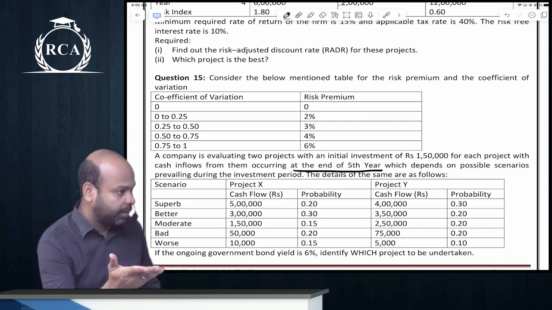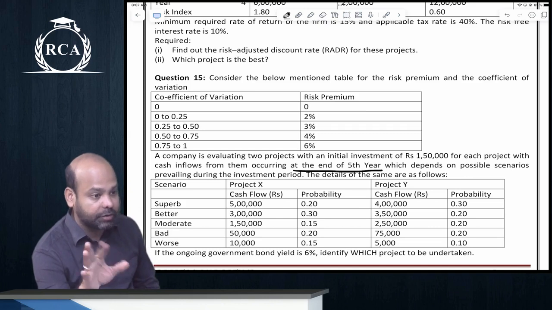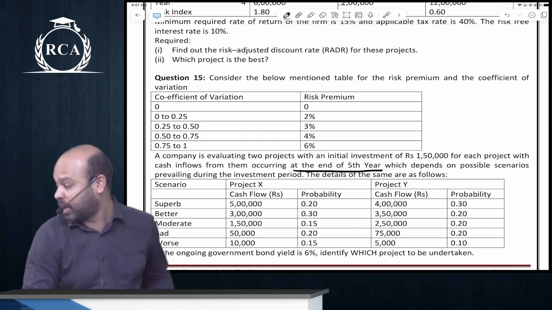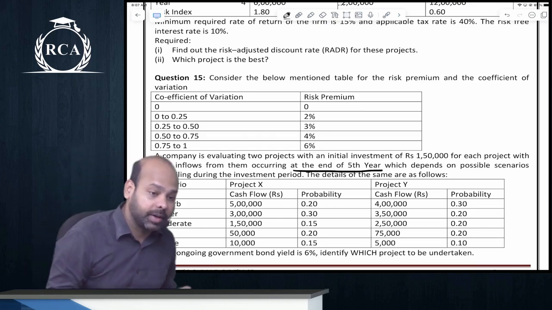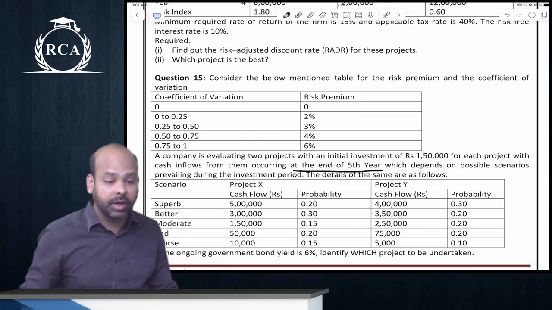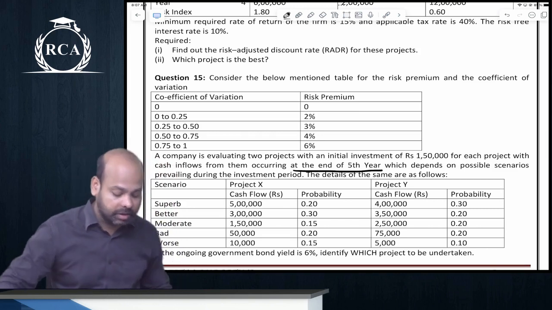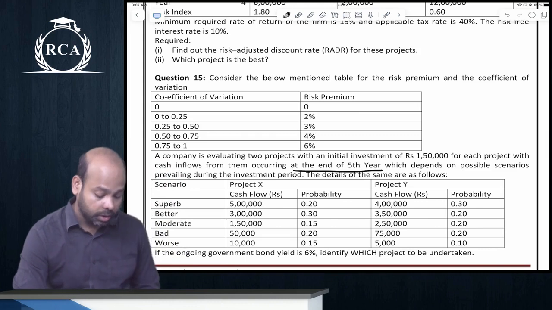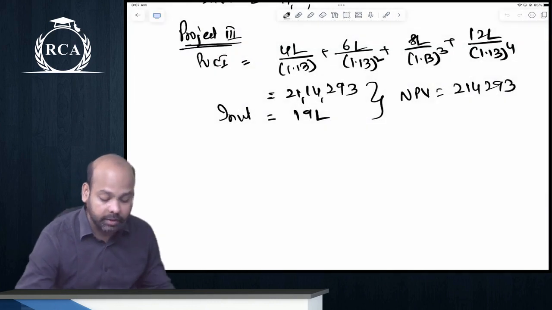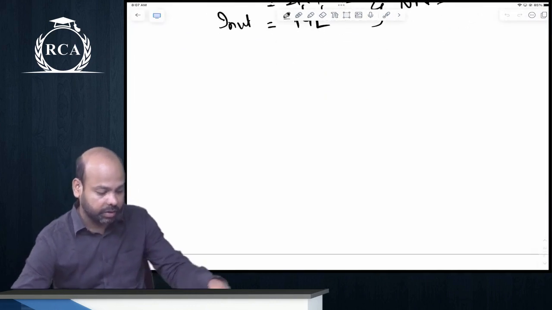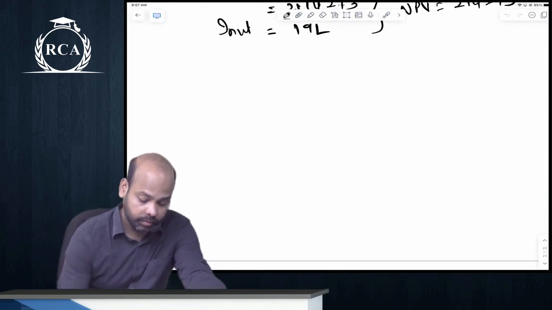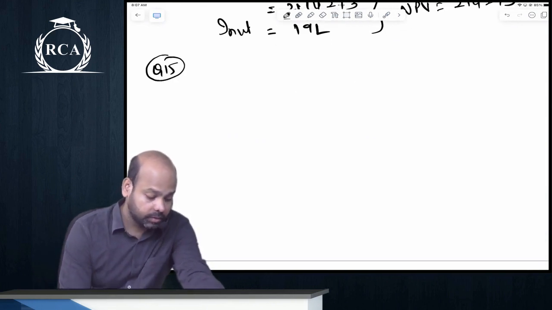पूरे 5 cash flows वापस नहीं लेना है बेटा. You'll directly take expected cash flow discount for the 5th year, compare with the amount of initial investment. That will give us the NPV. Are we clear, guys? So first task beta, what are we supposed to do? Compute expected cash flow and coefficient of variation. Start, guys.